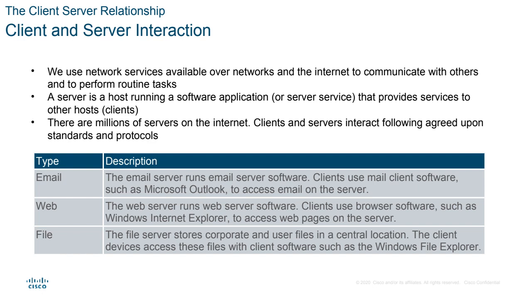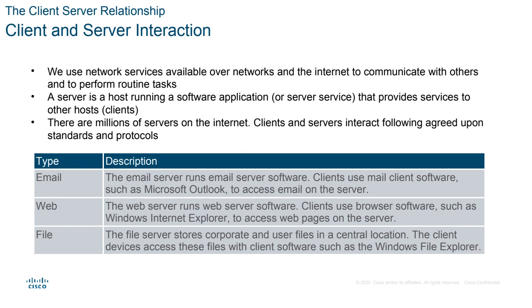So in the client-server interaction, you use network services over the network and the internet to communicate with others. The server is nothing but a host running software applications or server services, and we have millions and millions of servers on the internet.